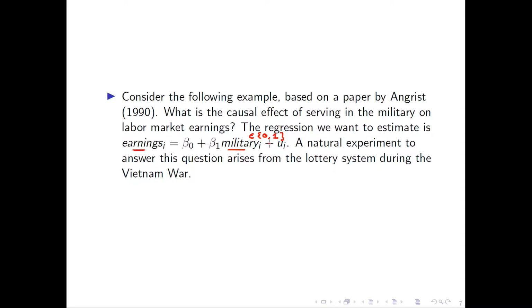So an easy way out is to find an instrumental variable which extracts the randomness out of the probability of serving in the military, and use that random part of military participation and regress that on earnings.